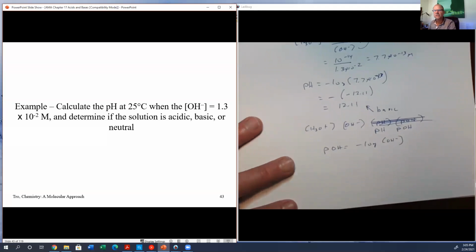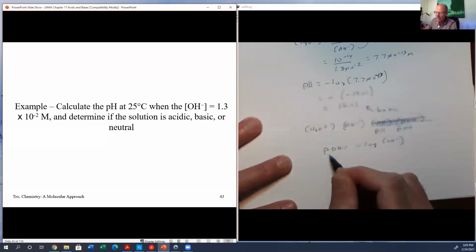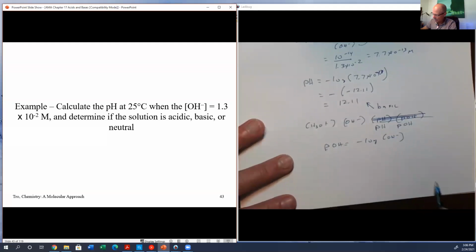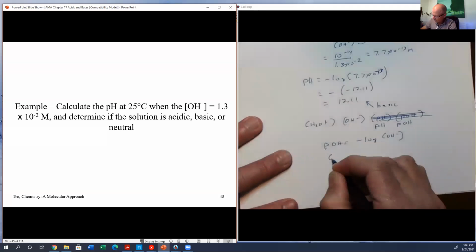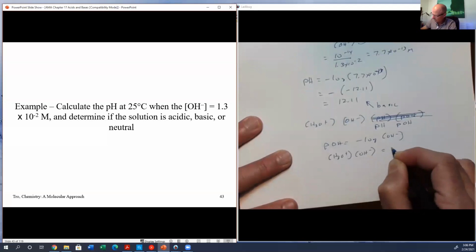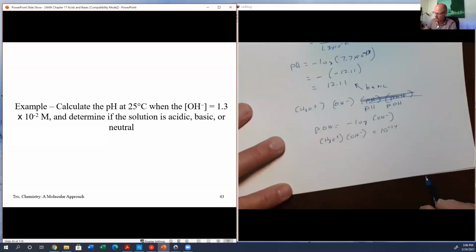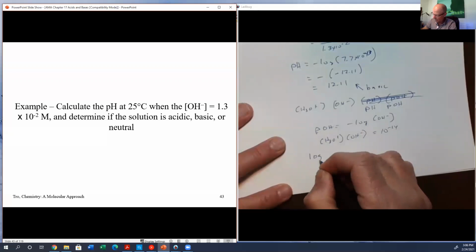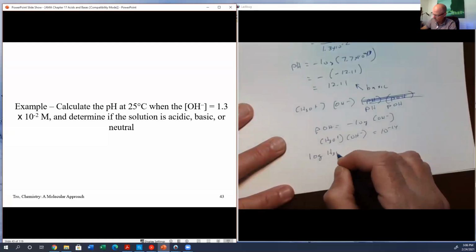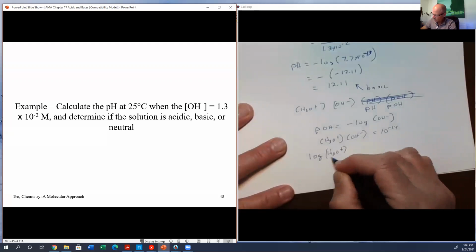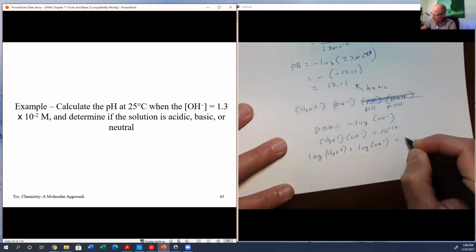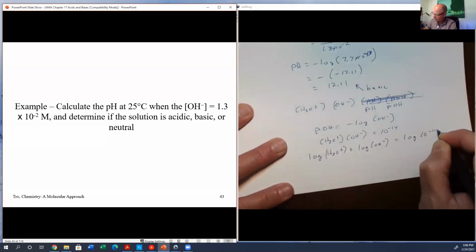So you can think of p as just being minus the log of, all right? And since H3O plus times OH minus is equal to 10 to the minus 14, if I take the log of both sides of that, I get log of H3O plus plus log of OH minus is equal to the log of 10 to the minus 14.